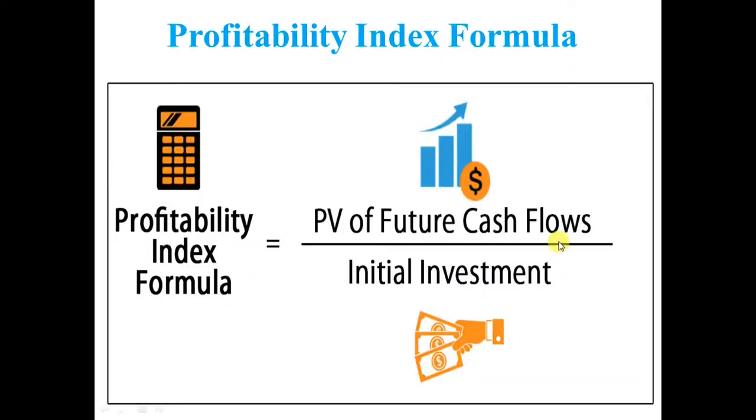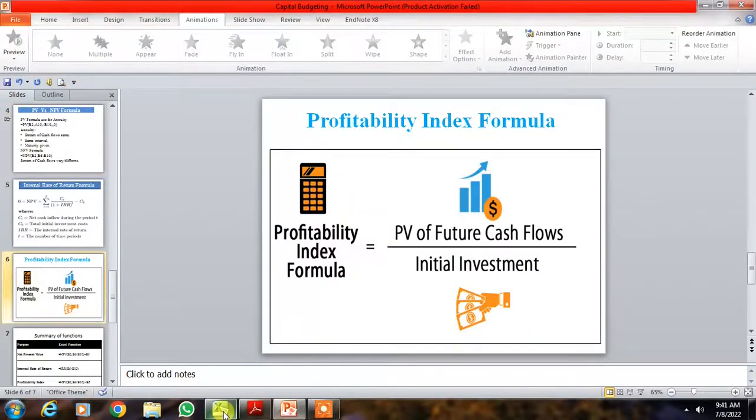This is the formula of the profitability index. We first find the present value of cash inflows and then divide it by the initial investment. So in NPV we deduct it and in profitability index we divide it.